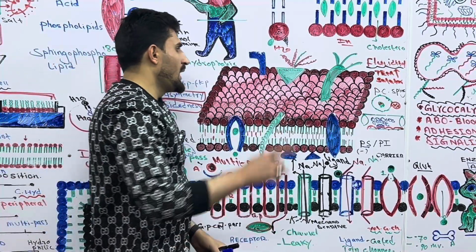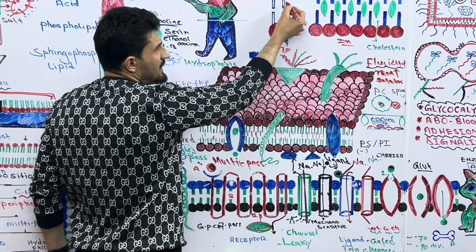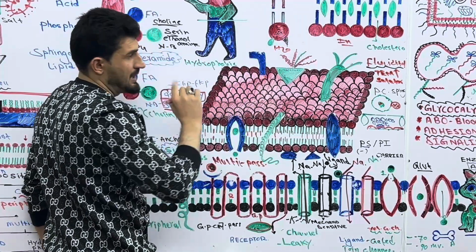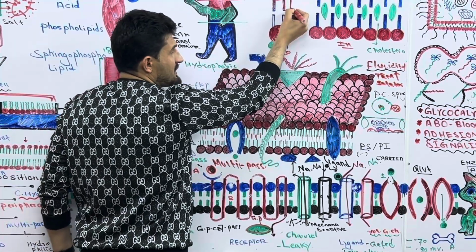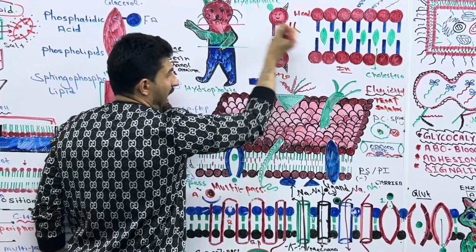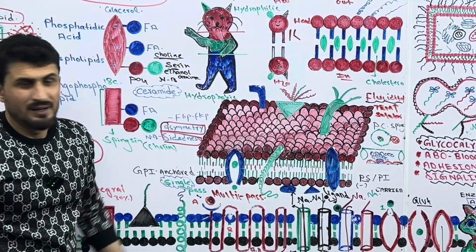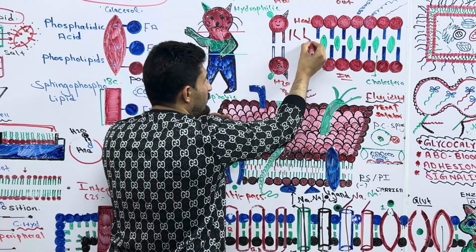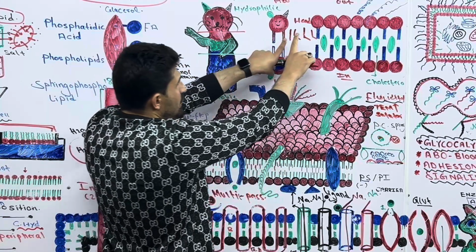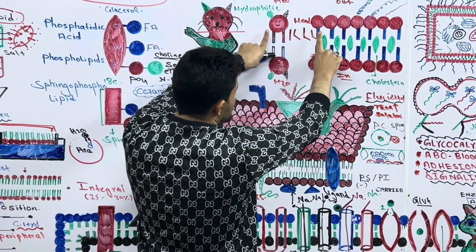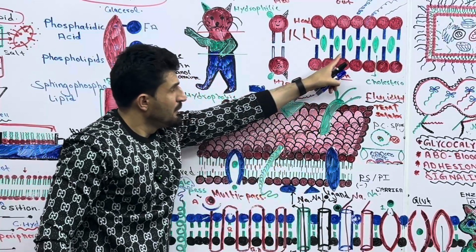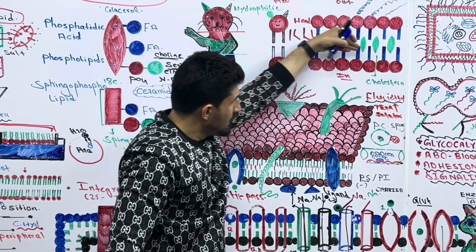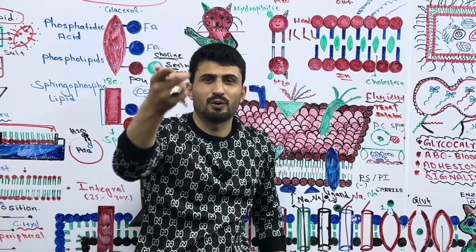For example, saturated fatty acids are straight, but unsaturated fatty acids have bends in their structure. So when we make more bends, it means we made a lot of spaces between these tails of phospholipids. So that's why it causes the fluidity to be increased.